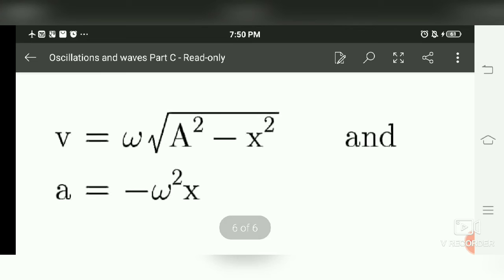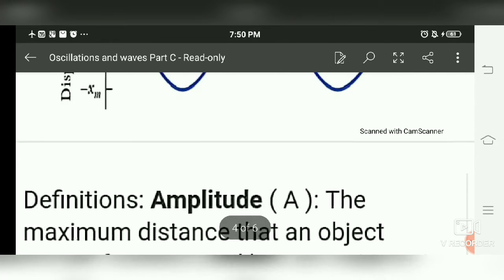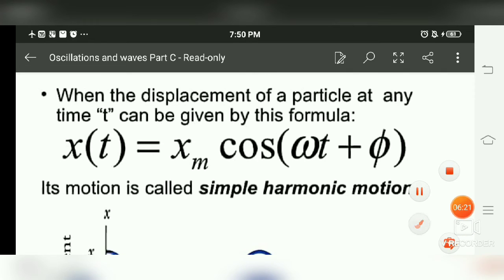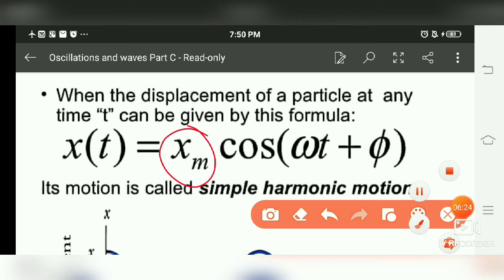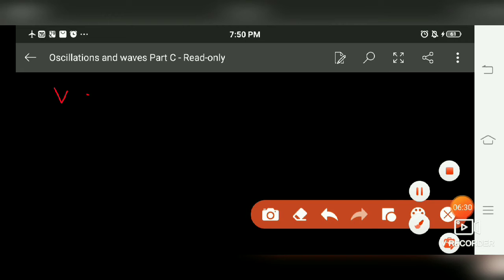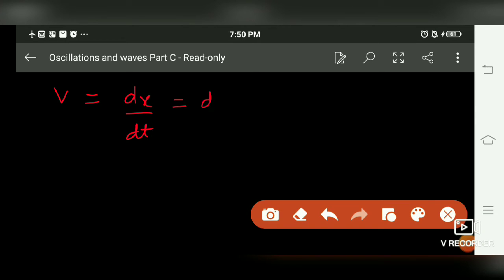Next is velocity. How can I obtain this? As we know, we get x equals x m cos(omega t plus phi). This is the maximum amplitude. And if we talk about the velocity, we can find that v equals dx by dt, that is d by dt of x m cos(omega t plus phi).